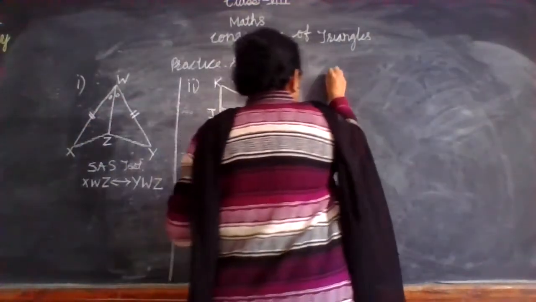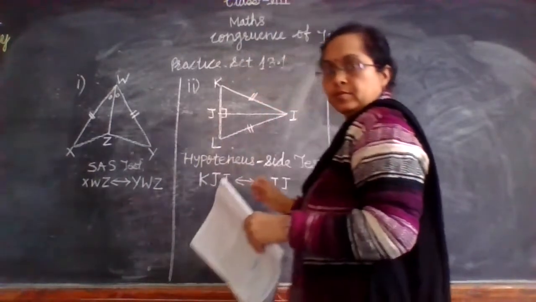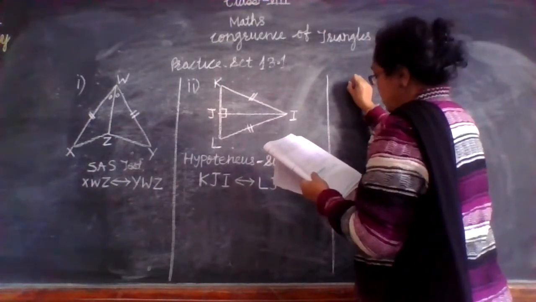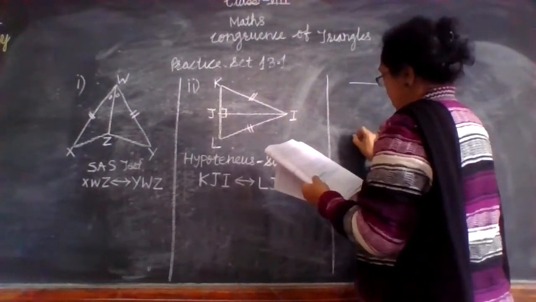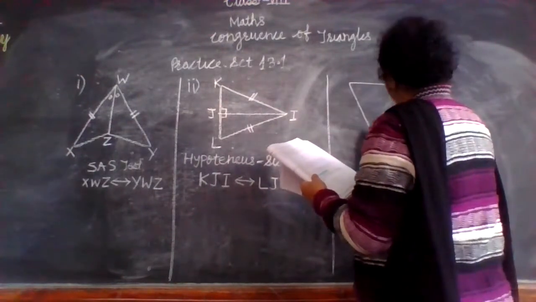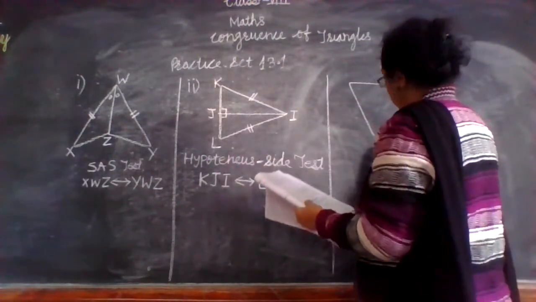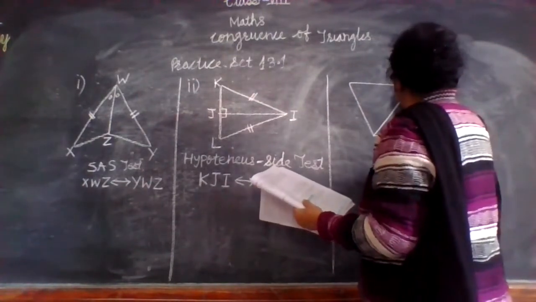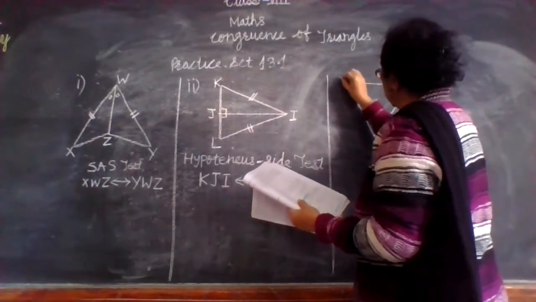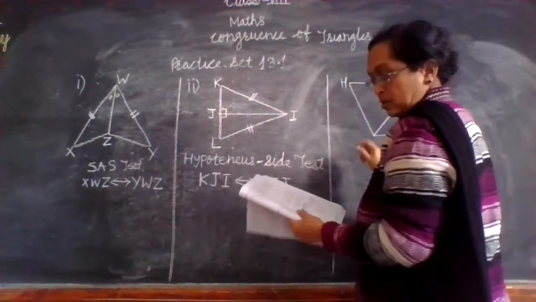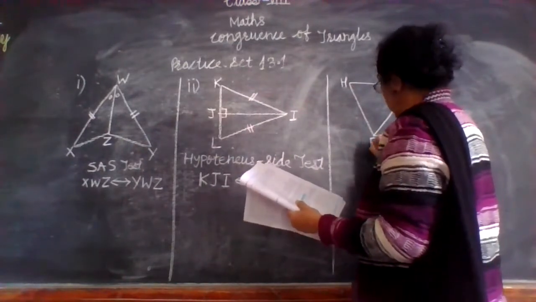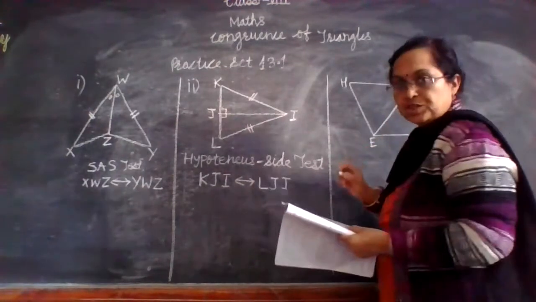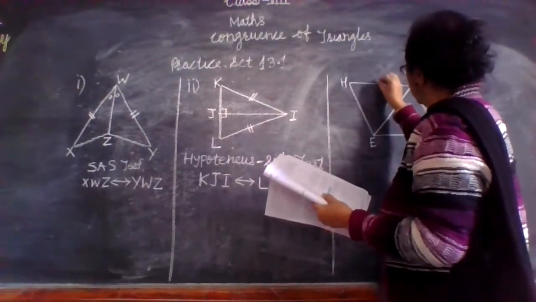Now we will do third one. For third one, the figure is like this. Okay, and these two triangles which are shown with these vertices H, E, this is F, this is G. Now here identical marks are shown like this.